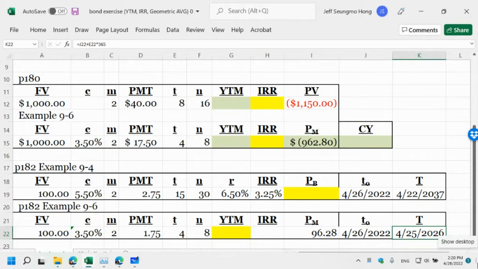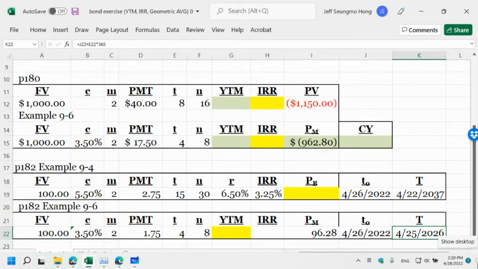And just as an aside, for any computer, the beginning of time is January 1st, 1900. That's the beginning of time for all computers' clocks.